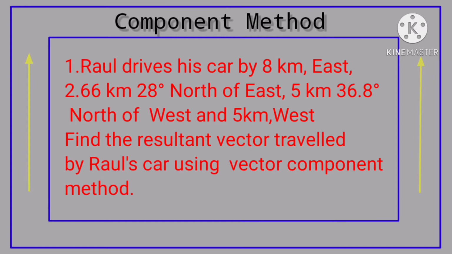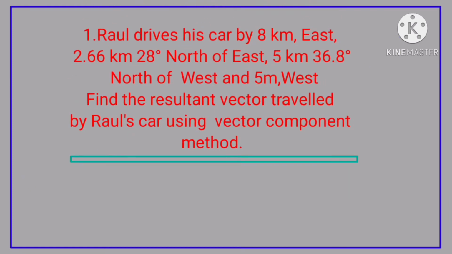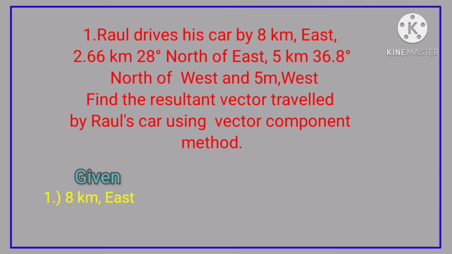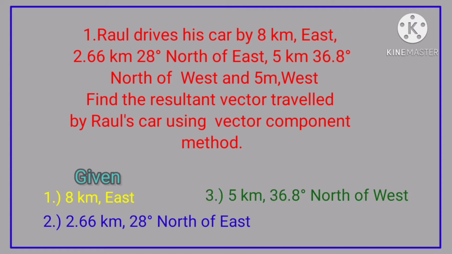Find the resultant vector traveled by Raul's car using the vector component method. So the first thing to do is to write the given vectors. First, 8 km east, second, 2.66 km, 28 degrees north of east, third, 5 km, 36.8 degrees north of west, and last is 5 km west.